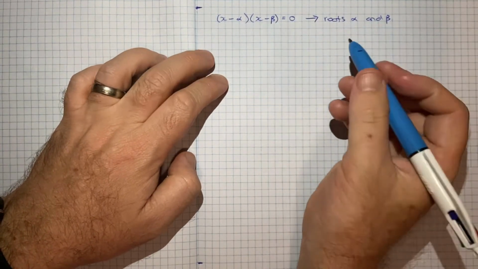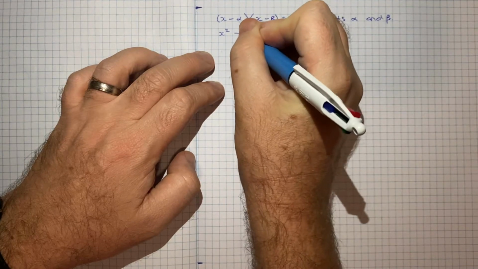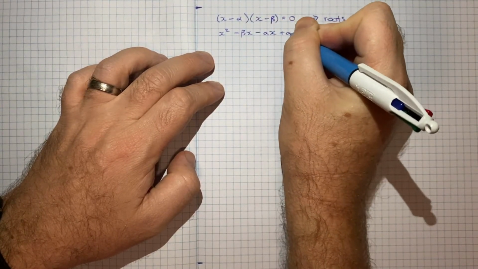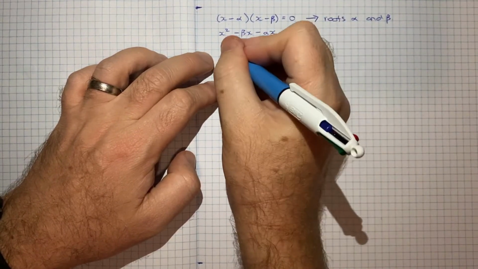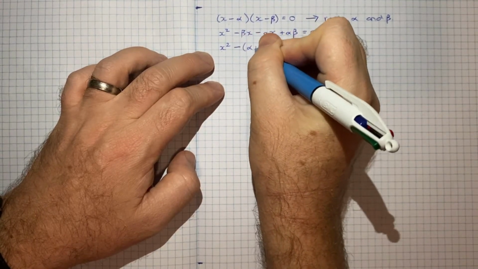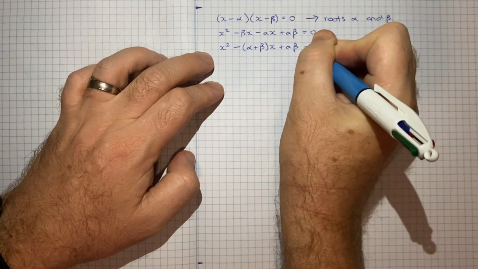If we expand this, we'll get x² − βx − αx + αβ = 0. And then I can tidy this up and we'll have x² − (α + β)x + αβ = 0.